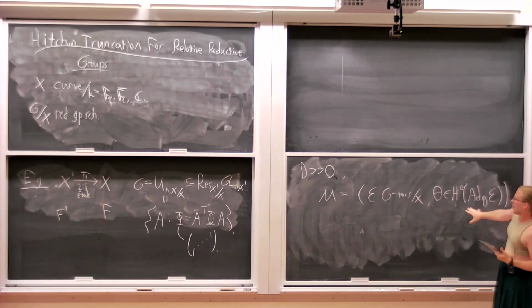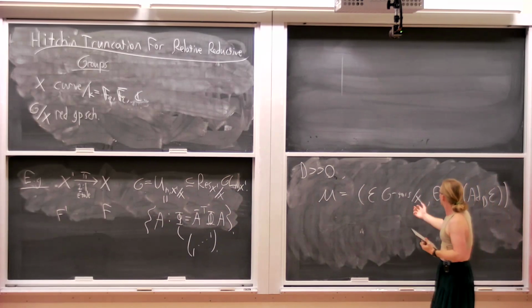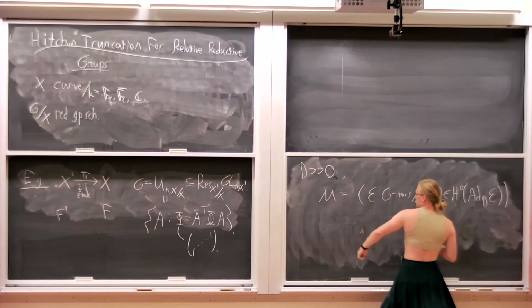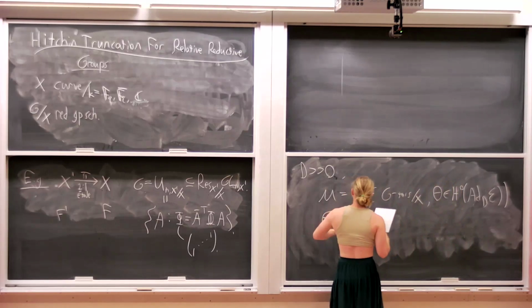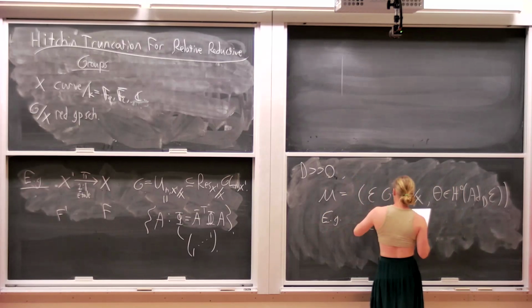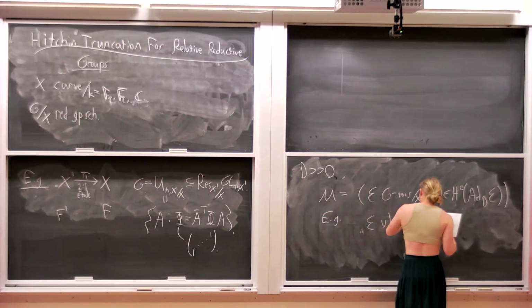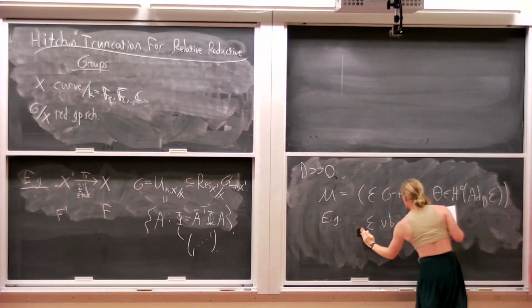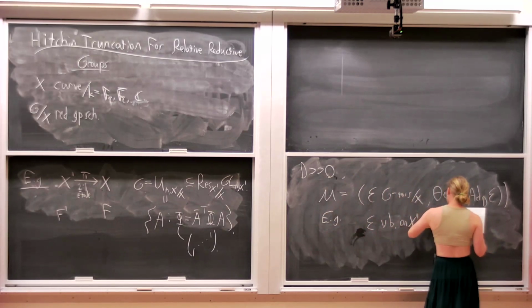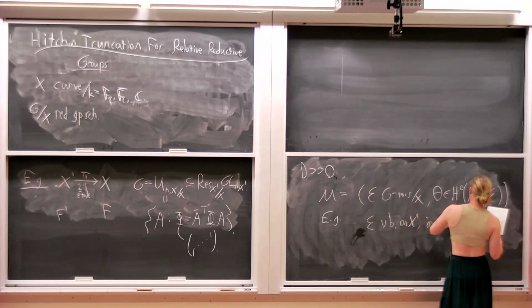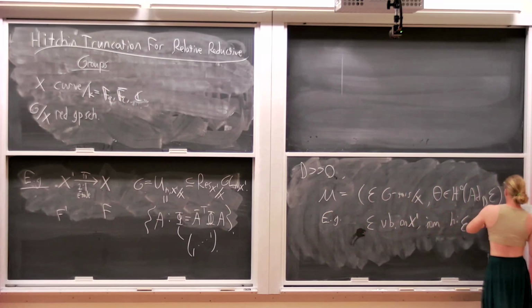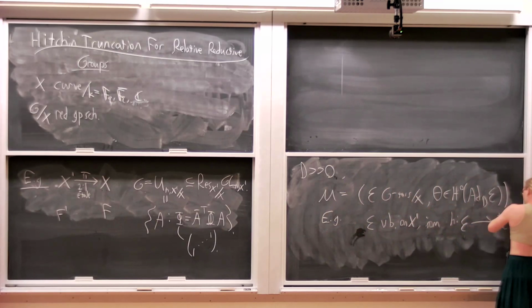So what does this mean in practice, or in an example like this? This is going to be a unitary bundle. So for example, E could be, for this group, a vector bundle not on X, but on X', along with an isomorphism, maybe I'll call it H, to the conjugate transpose of the vector bundle, a perfect pairing between it and its conjugate dual.